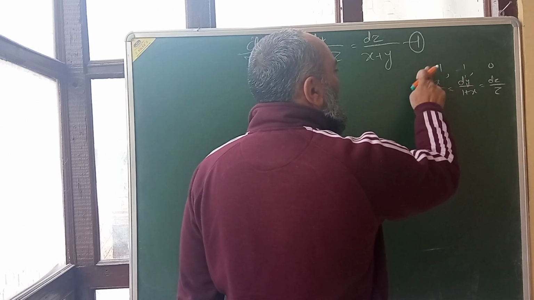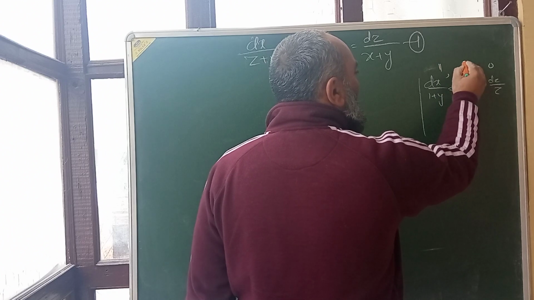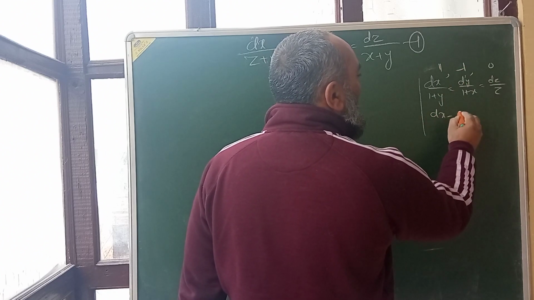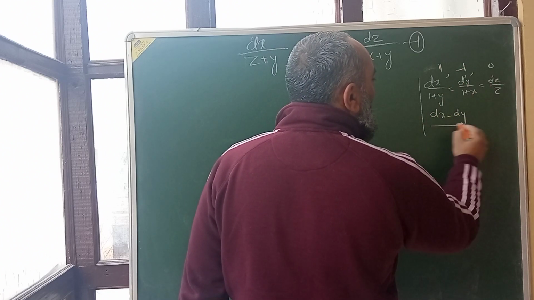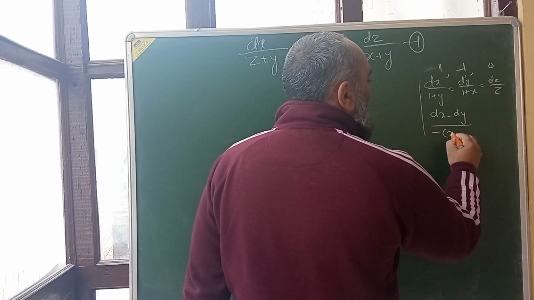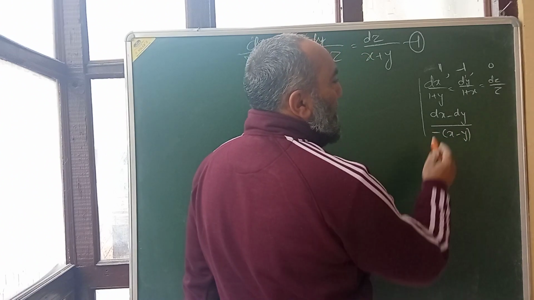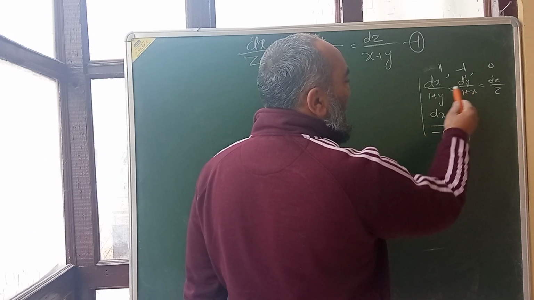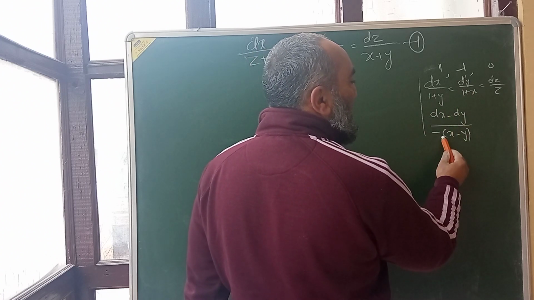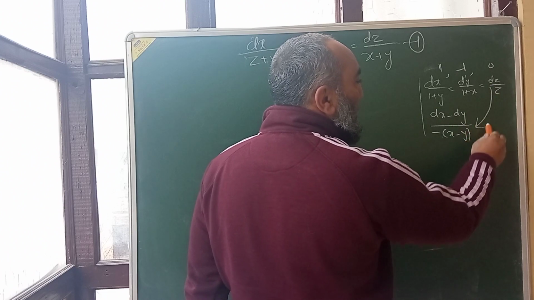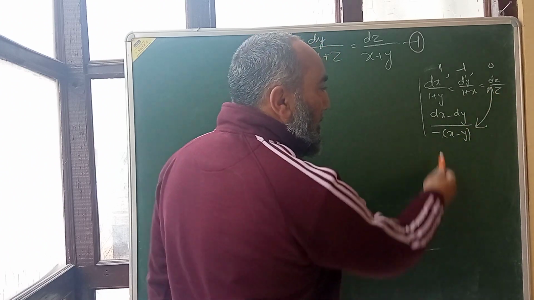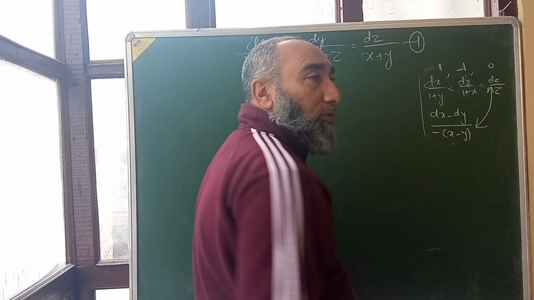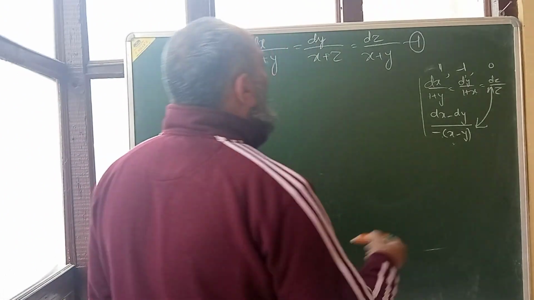This is dx minus dy plus 0 dz, and this would have been minus times (x minus y). See, 1 plus y minus x, minus 1 and minus x, 1 cancels out, y minus x is minus (x minus y). If I combine it with this, I will get another solution. This is log of (x minus y), this is log of z. You have to think how to do it.